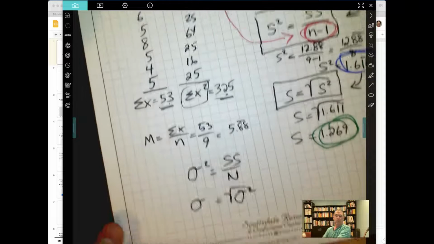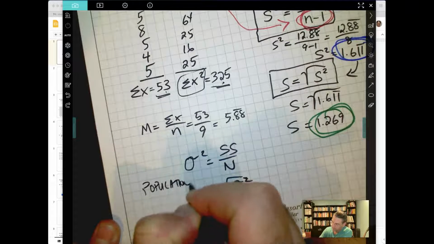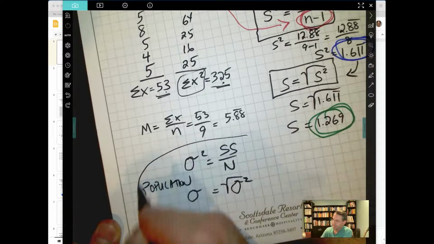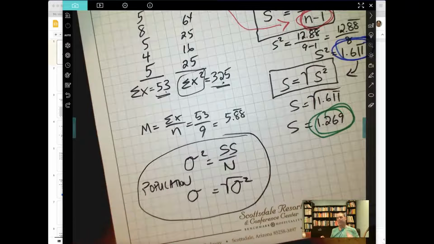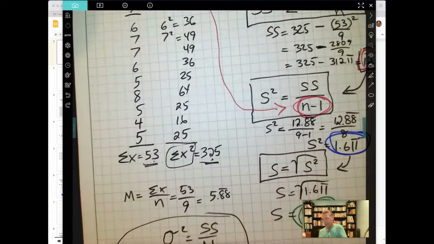Okay, so those are your formulas for population. Right, so that is all of the calculations.